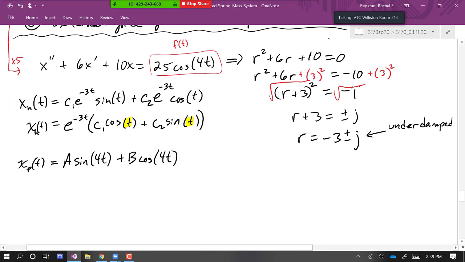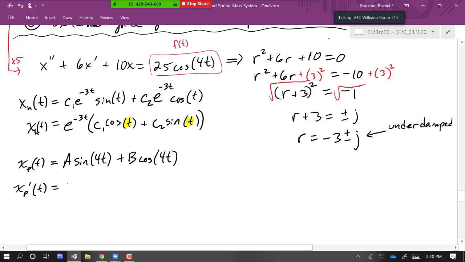This is the form of our particular, and now we can find our derivatives. We want to find x prime and x double prime, and plug things in to figure out what those coefficients on sine and cosine are. That won't be terribly bad because no product rule is required here.